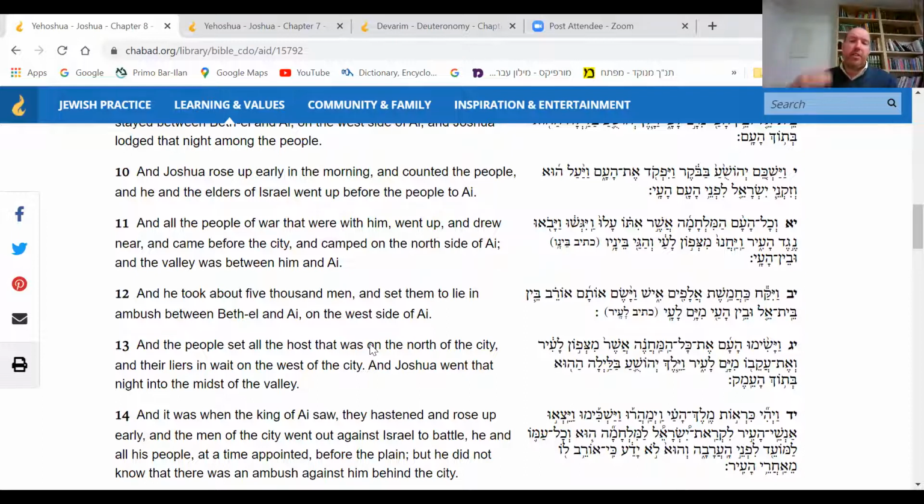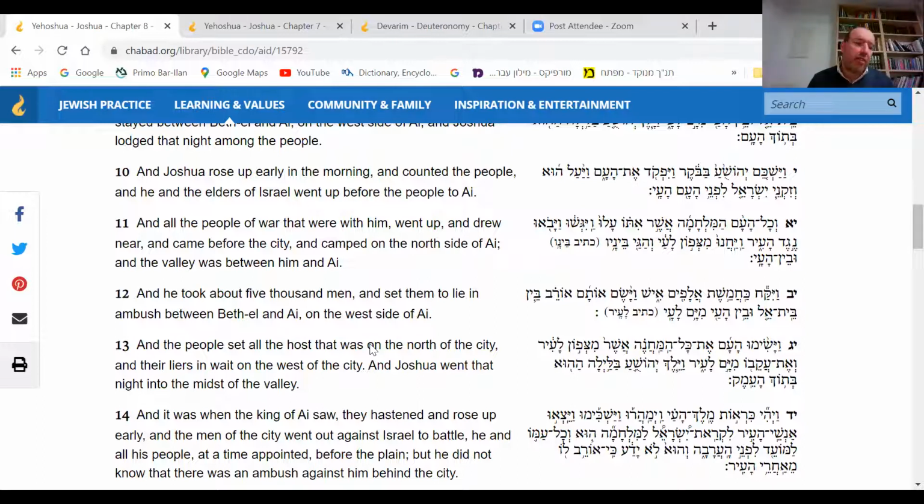Rashi is from the 11th century, northern France, Ashkenaz area, Radak from the 12th century from Provence, and others basically explain that Joshua decided to send a second ambush that was a little closer to the city. That was one explanation.